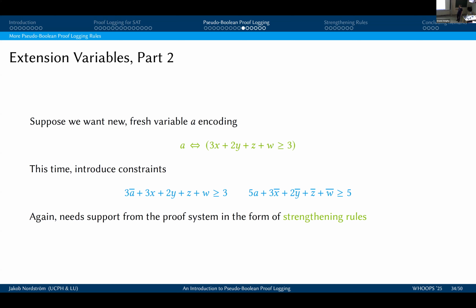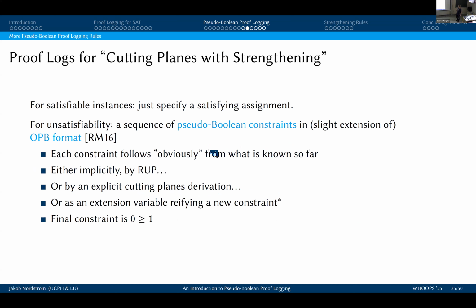This one is a little bit harder to see, but basically it says that if A is false, then there's no way this constraint is true, because the negations of the literals will sum up to at least 5, and the total sum is 7. So that means that this will be at most 2. That is, the constraint is violated. For this, we again need some special rules that we'll talk about in a minute, and this is one of the so-called strengthening rules in the proof system.